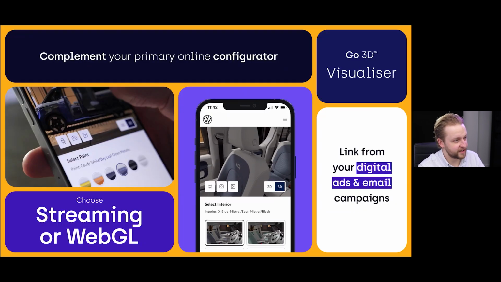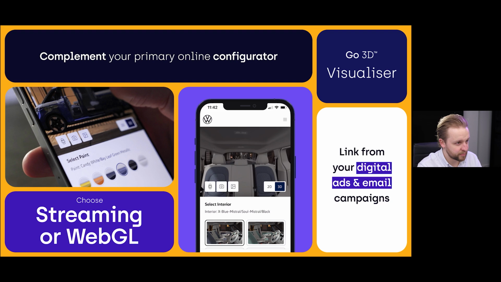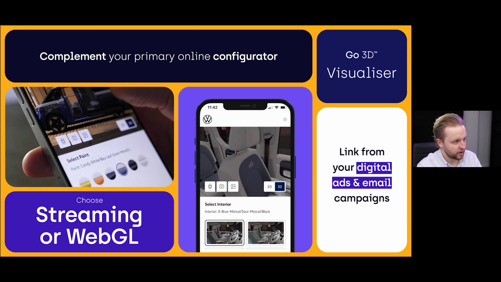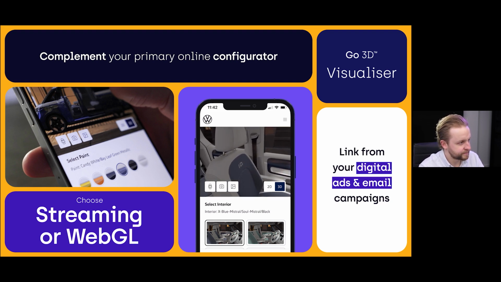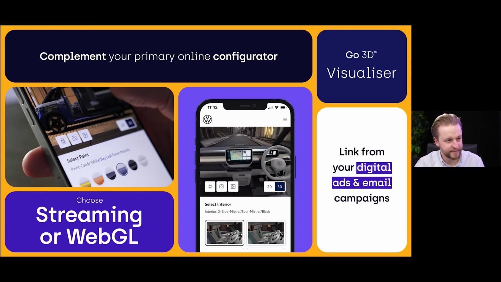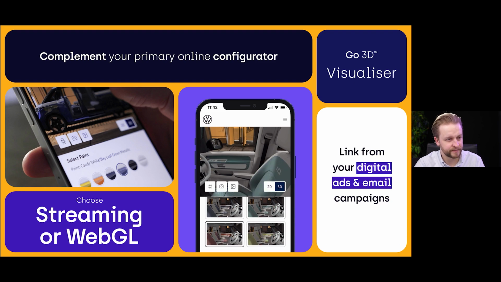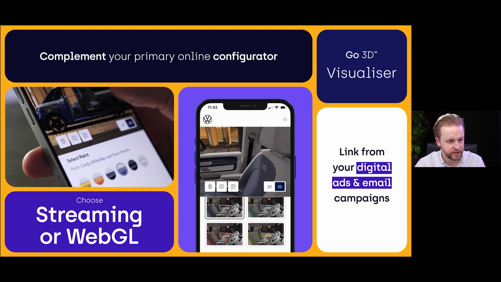So in summary, the Go 3D Visualizer is designed to complement and not replace your main online configurator. It's an engaging destination for your digital ads and email campaigns. Now with the Go 3D Visualizer, we've created two different packages. A highly accessible streaming package for the very highest quality visuals.